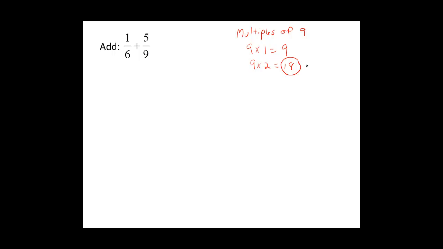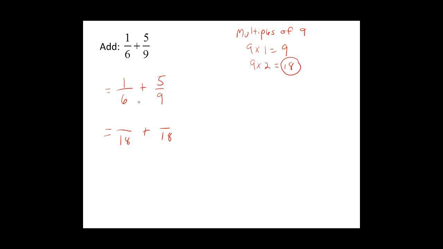So 18 is our least common multiple. So that is our least common denominator. So we need to write these fractions with a denominator of 18. We will write the fractions with an 18 in the denominator.